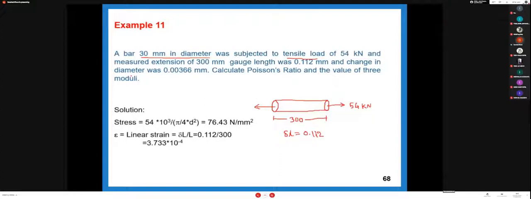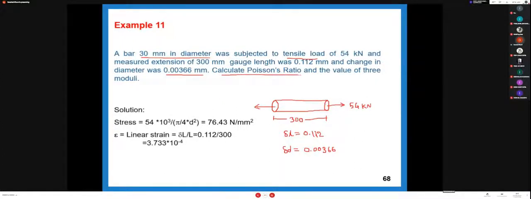And the change in diameter, delta D, is given as 0.00366.